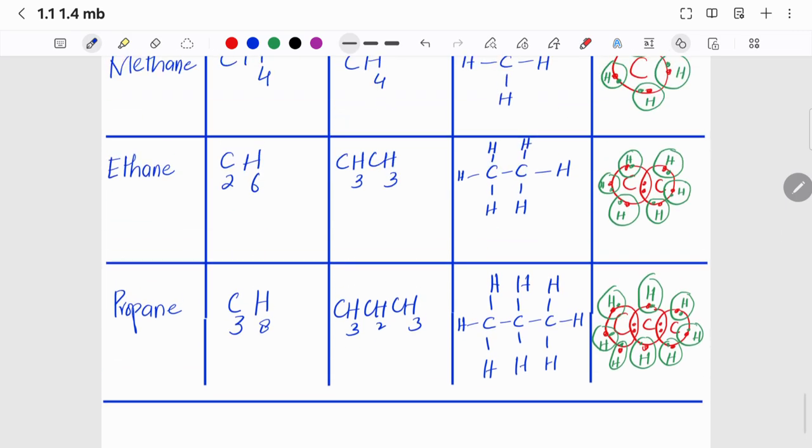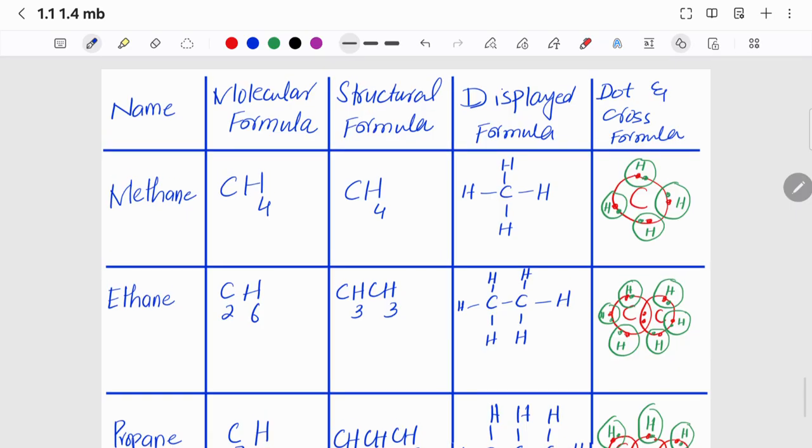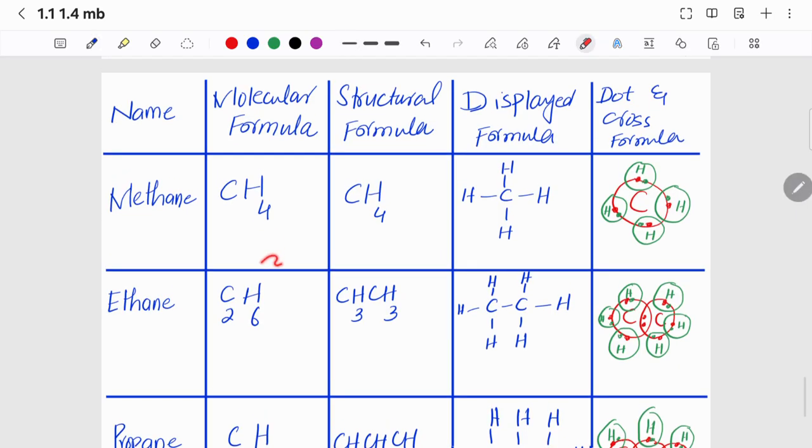Now I hope with the help of this table you can well understand the difference between molecular formula, structural formula and displayed formula.